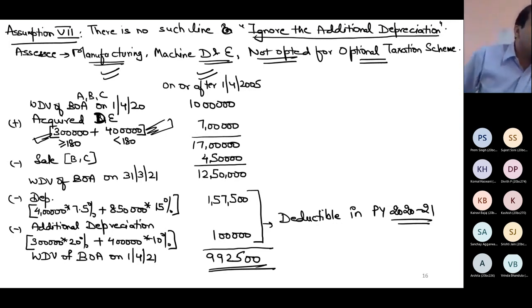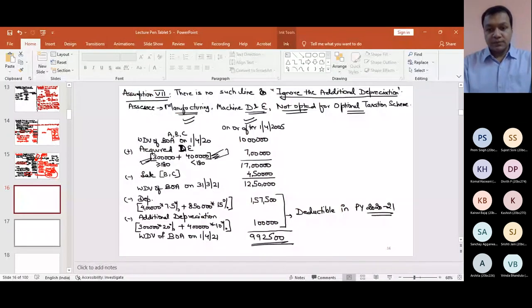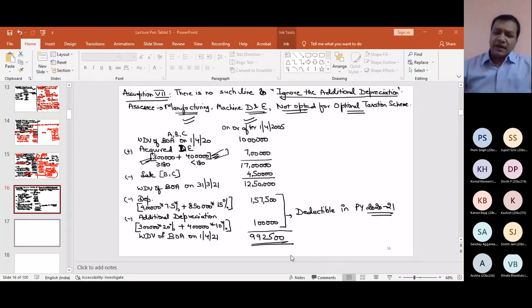Please raise your hand in case the point is clear. So with this, I have cleared the concept of additional depreciation also. Please raise your hand if it is clear. For the last assumption, I think we should take a rest now, but I'm showing you the screenshot of my book for the last assumption that you can do yourself.